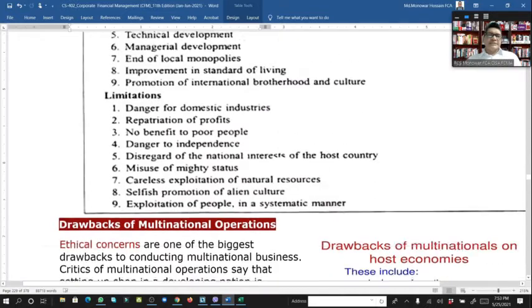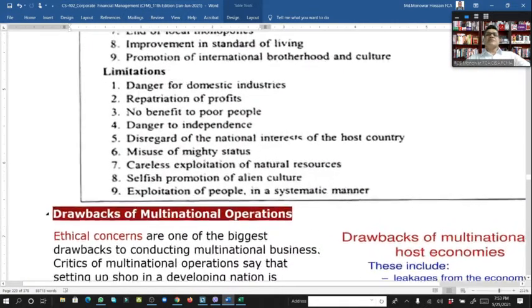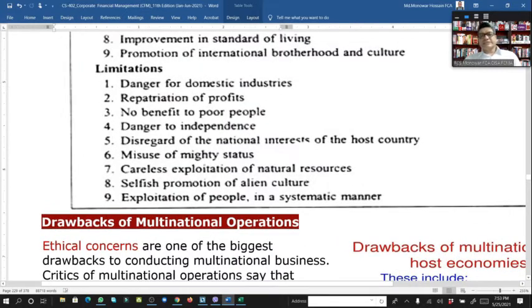And what would be the disadvantages of multinationals? The disadvantage is danger for domestic industry. If multinational companies establish their business within our country, and they produce a product that is locally produced by a small or semi-scale company, that company would be in danger, because the foreign company would create a proper distribution channel and the price of the product would be less.